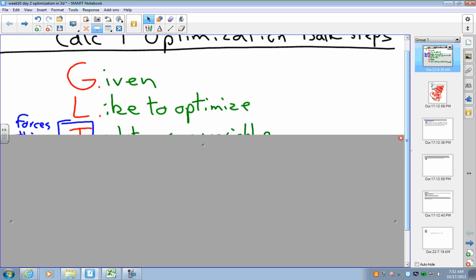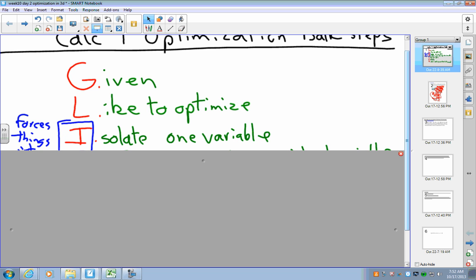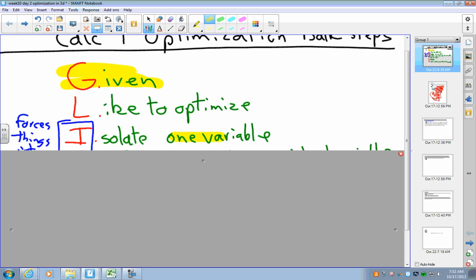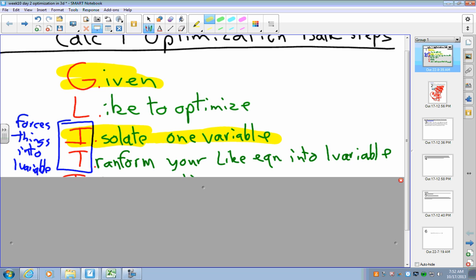Now from there, I isolate one of the variables. And that comes from the G part here. The G is what you use to isolate one of the variables. And then you change that equation that you want to optimize, you transform it into a one variable equation.